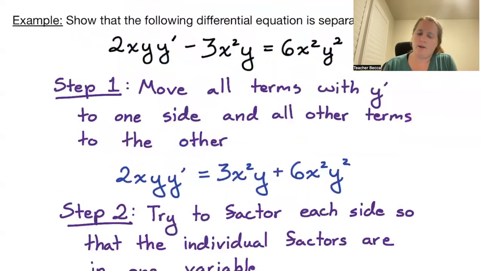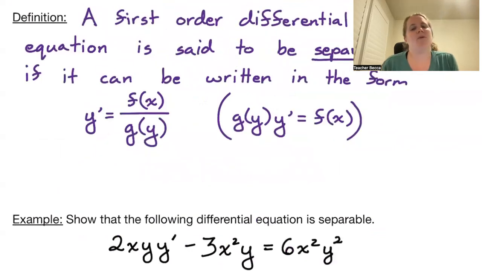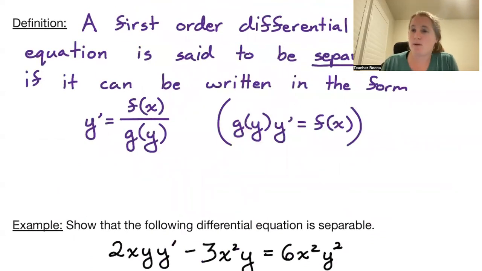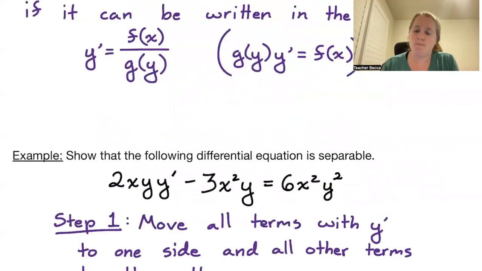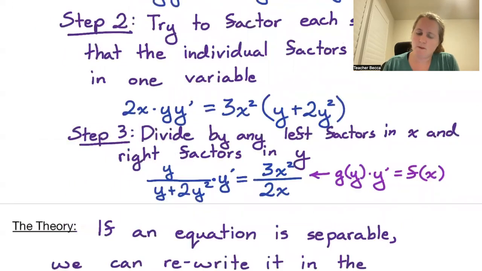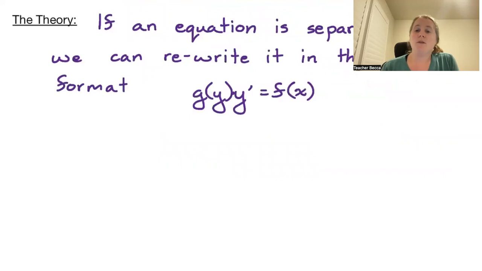And so again, while our original definition was y prime equals f of x over g of y, we could rewrite it in this alternative form. From here, what if we then integrate both sides with respect to x?